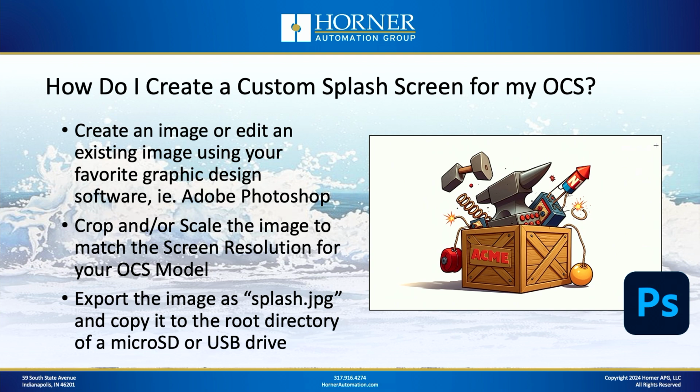Effectively you're going to be taking that image and cropping and scaling it so that the end result matches the exact screen size of the OCS that you're working with. Then you're going to export that file as a JPEG with a special name, splash.jpg, and copy that file to the root directory of either a micro SD or a USB drive.